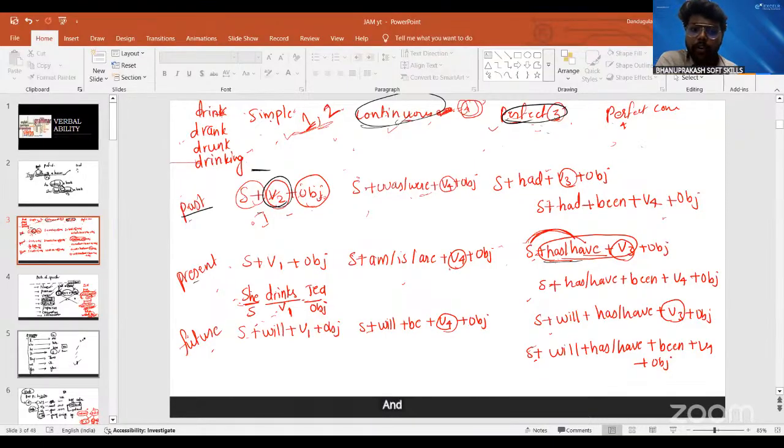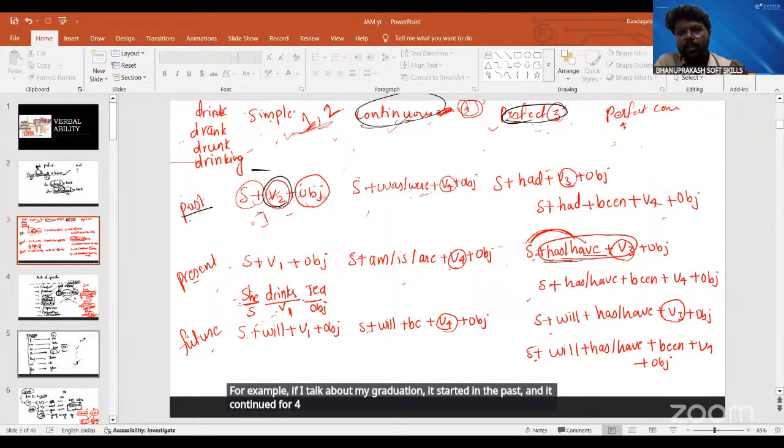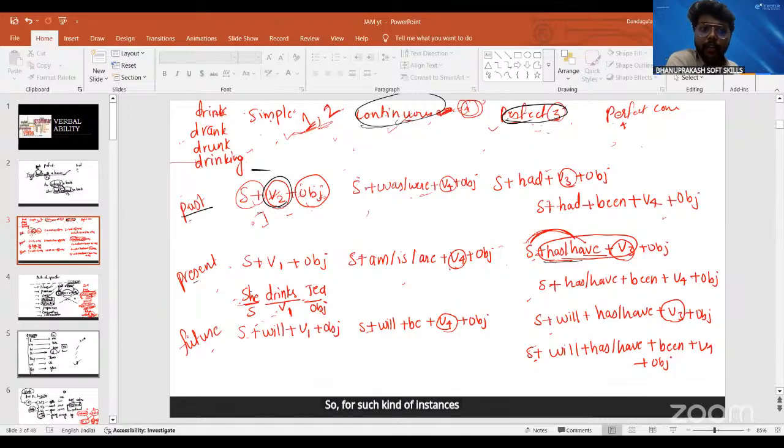And I told you about the future perfect. Now, one thing is left, that is perfect continuous. Past perfect continuous is any action which started in the past, continued in the past, and ended in the past itself. For example, if I talk about my graduation, it started in the past, continued for 4 years, and also ended in the past itself. For such instances, I use past perfect continuous.